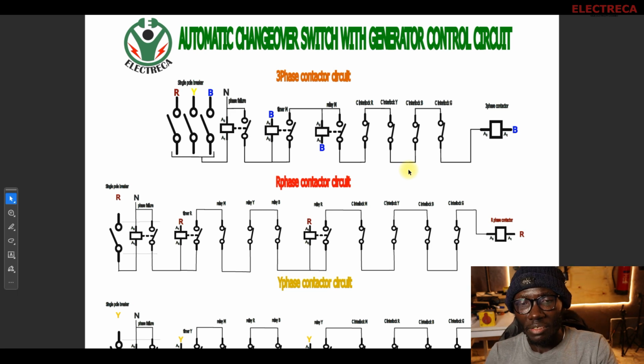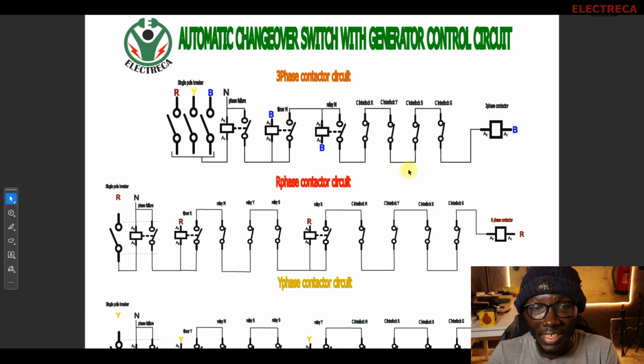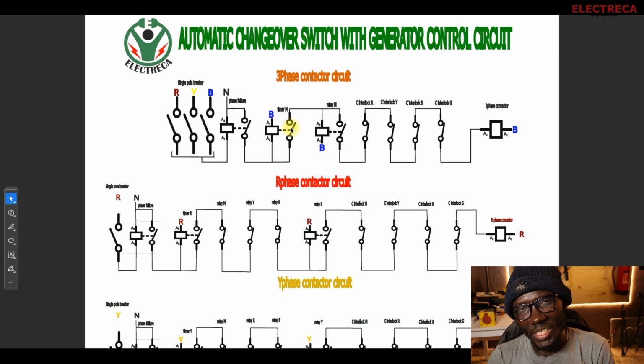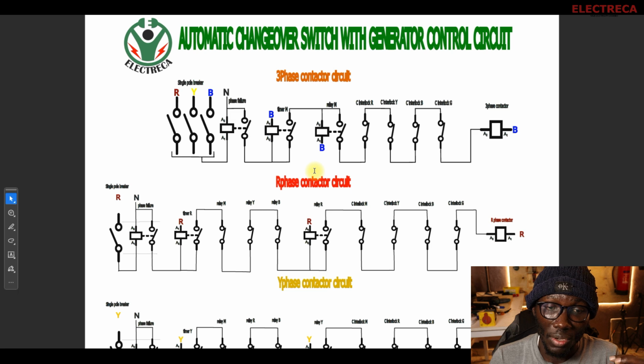Imagine this is a 3-phase circuit, and you have a relay through which all the phases plus the generator pass. If you make any mistake, you're just going to have a short circuit.